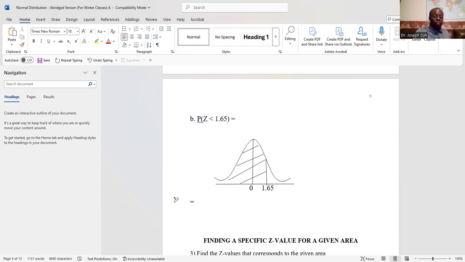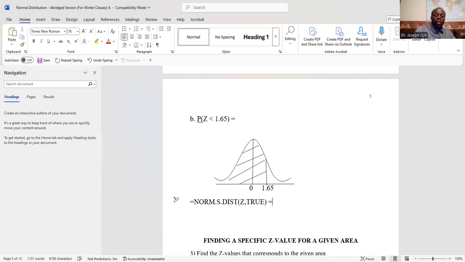You're going to use this formula: equals NORM.S.DIST(z, true). When you're looking for the area to the left of any z value, where the z is greater than the mean, because it's positive, use this formula.